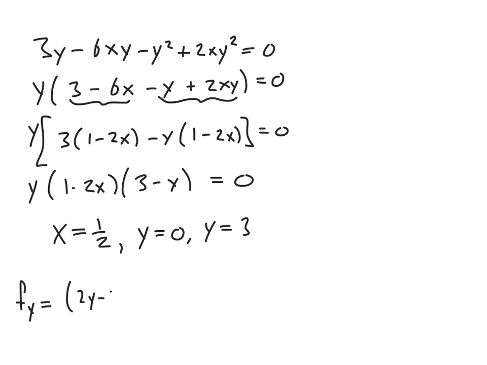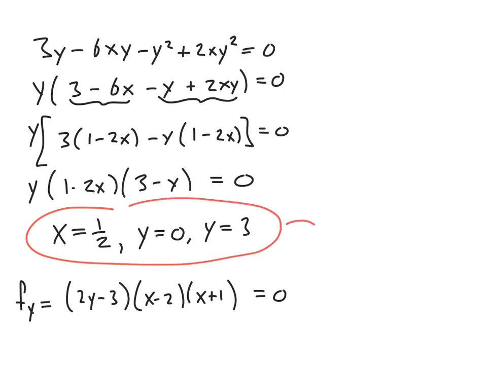But when you do, you should get f sub y equaling 2y minus 3, x minus 2, and x plus 1. Again, we want this to equal 0. My approach is to take each of these three values individually, substitute them into that expression on the left side of f sub y equals 0, and then solve for the remaining variable.